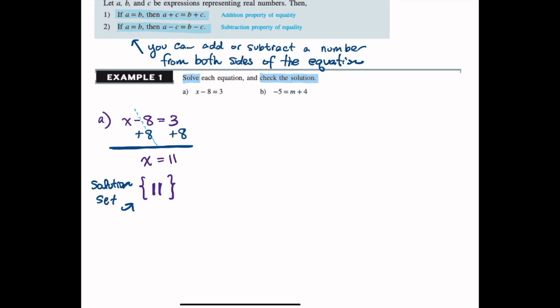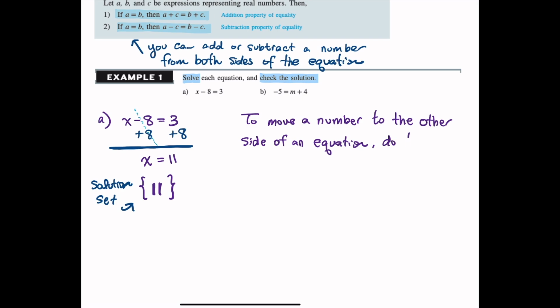So just make a note, in general, if we want to move a number to the other side of an equation, you want to do the opposite operation on both sides of the equation.